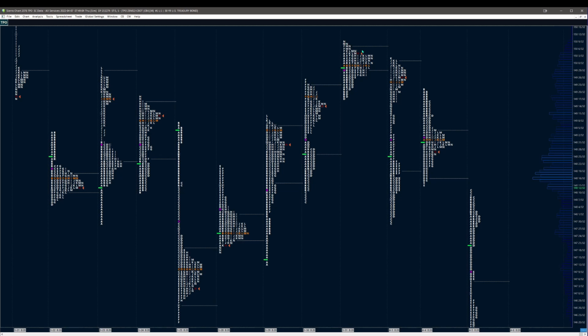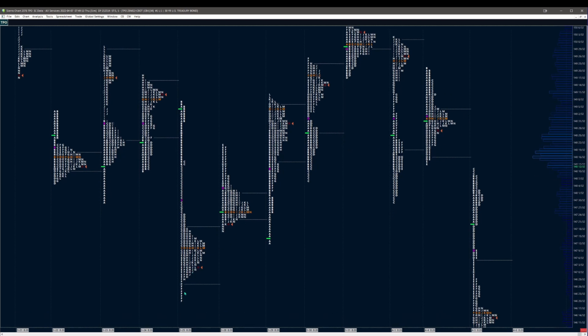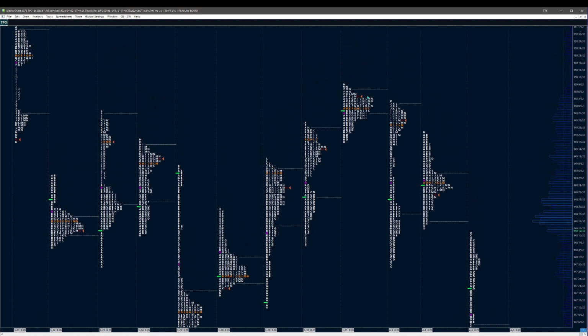Interest starts to wane, and we get this exhaustion. That's one main point: the profile identifies exhaustion very visually, and you get these slopes.